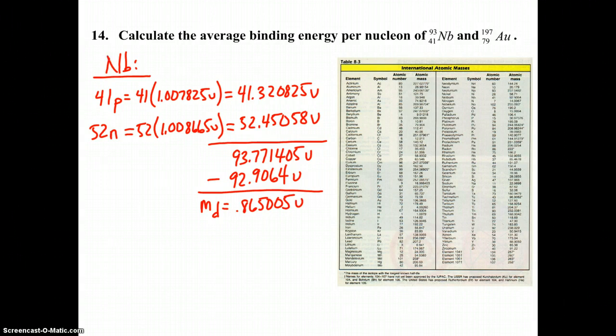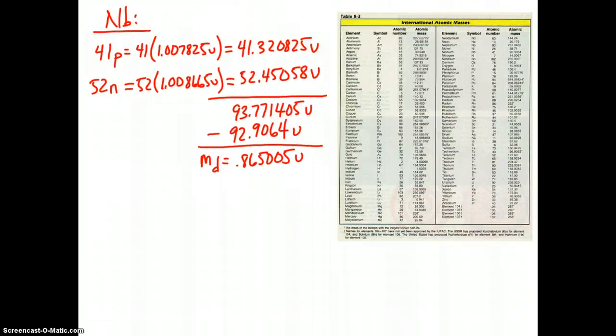All right. Now that we know that, we can go ahead and calculate the binding energy by simply taking our mass defect, 0.865005 atomic mass units, which gets converted to energy to hold the nucleons together in the nucleus.